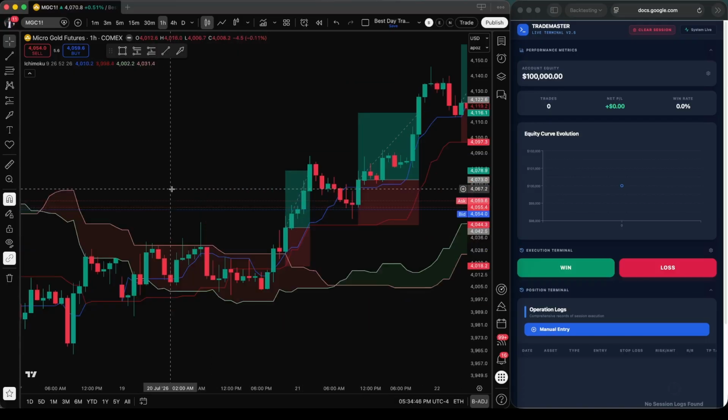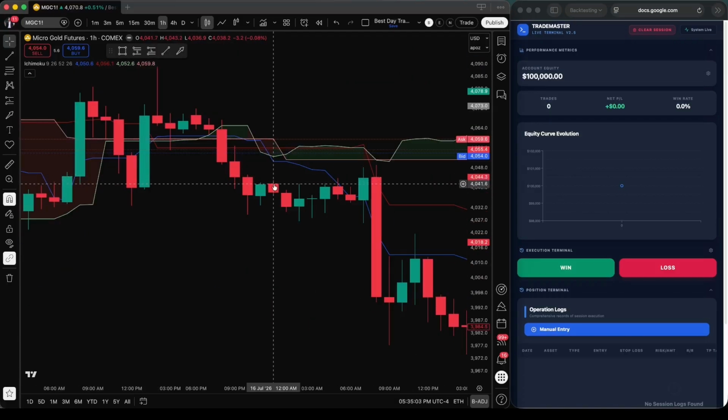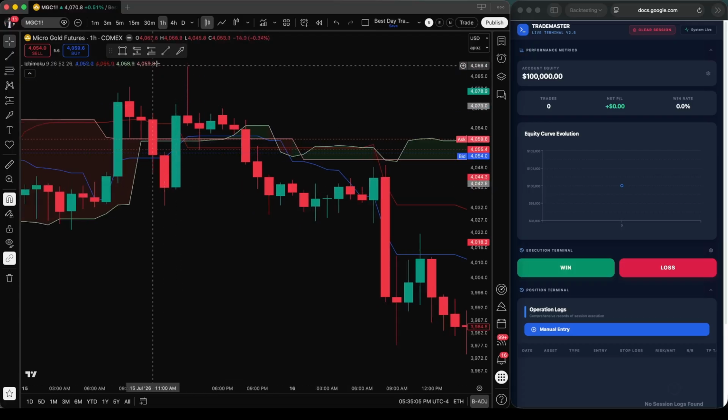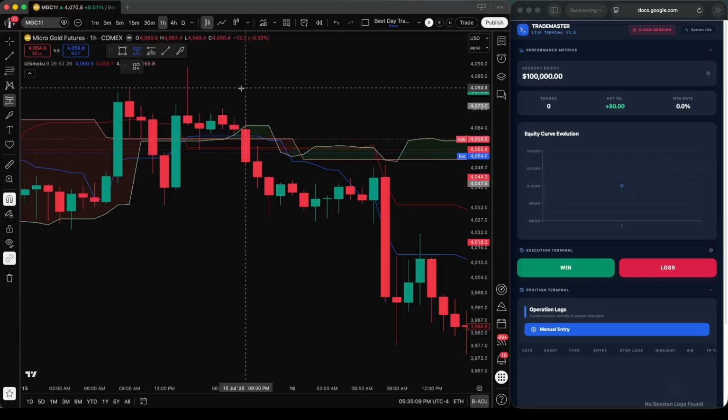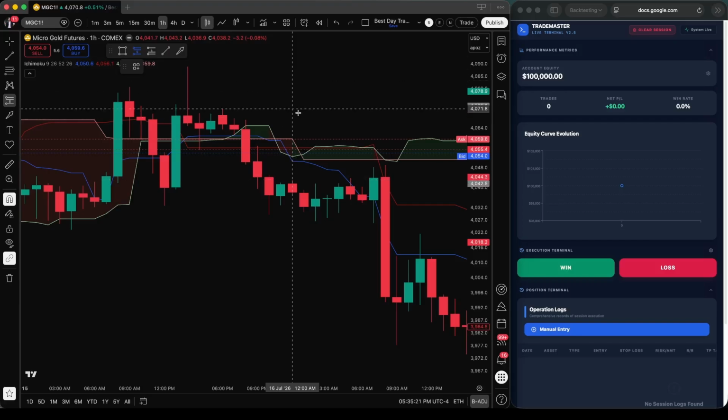So let's find a few short examples. So right here is actually a trade. The Ichimoku Cloud is kind of hard to see here, but the price is below it. And the baseline is really hard to see here too, but the baseline is right there. The price is below the baseline, and the conversion line is below the baseline.